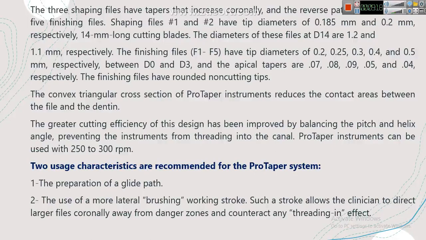Between D0 and D3, the apical tapers are 0.07, 0.08, 0.09, 5 and 4 respectively. The finishing files have rounded non-cutting tips. So also here the files have non-cutting tips or ends.